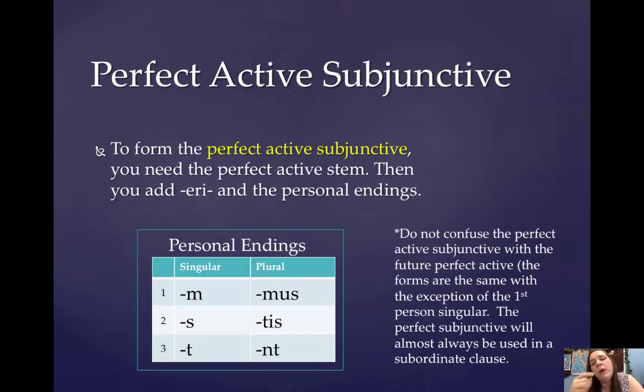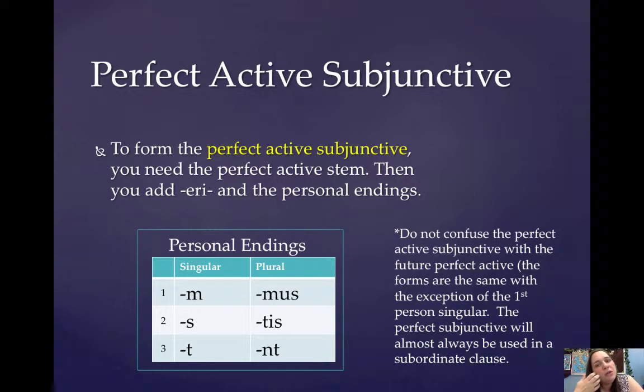Now, when you learned the present indicative, active or passive, I told you then that the perfect system is awesome because it works the same way for all verbs. That is true in the indicative and it is true in the subjunctive.